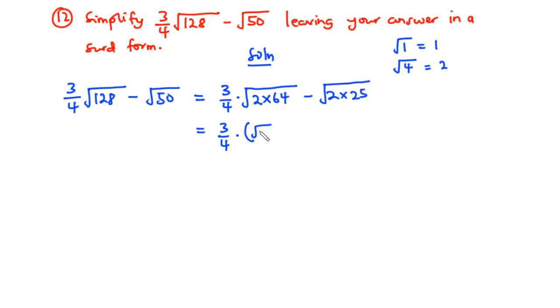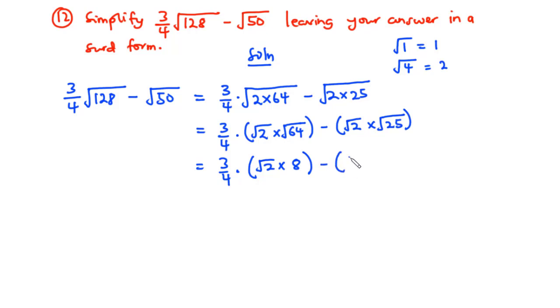So we have square root of 2 times square root of 64 minus square root of 2 times square root of 25. So 64 is a perfect square. 25 is also a perfect square. We have 3 over 4 times square root of 2 times, now square root of 64 is 8, and then square root of 25 is 5.